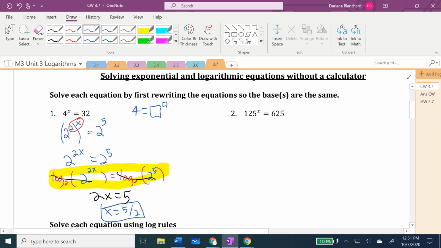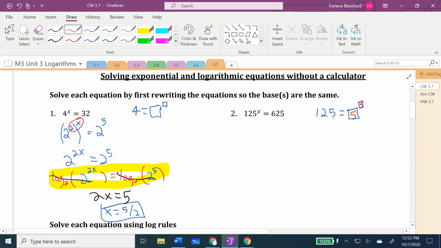On number 2, 125 is equal to some nice little number to a certain power. What is that? And then what's the base number? 5 to the 3rd.